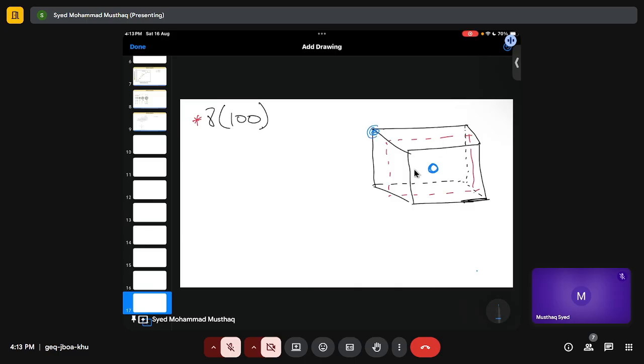So if you try to see this edge length, it will look like this. Okay, this is how the atoms actually look. This is my edge length, this guy, right? So this is my nucleus.